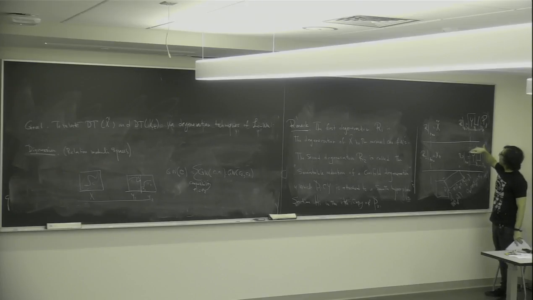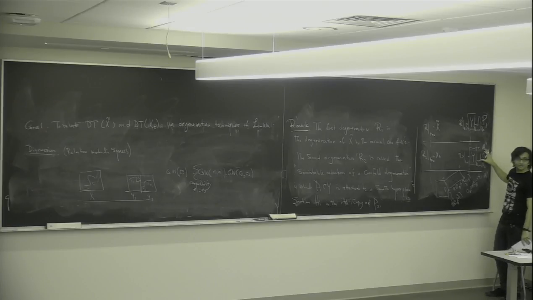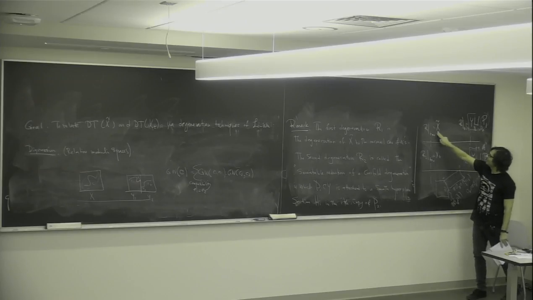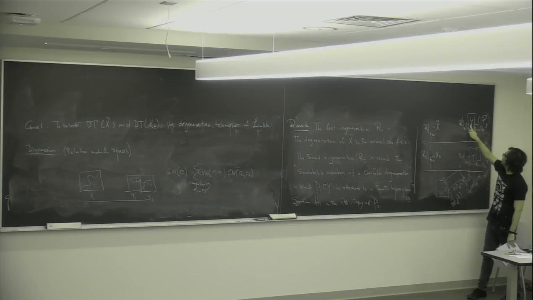And somehow, if I show that this guy and this guy do not contribute to my DT theory, then using a formula like that, I can say DT theory of this is relative DT theory of this with respect to the divisor, relative DT theory of this with respect to the divisor. Same as here.